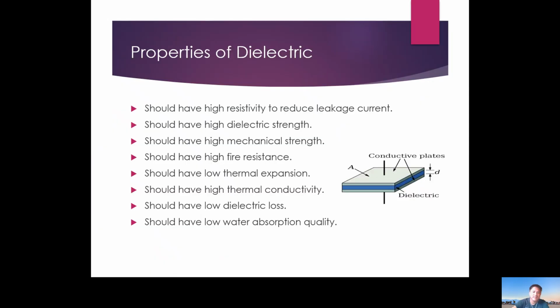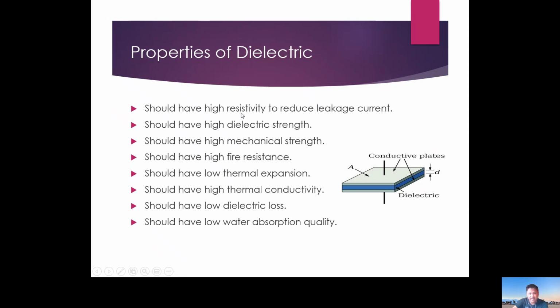Okay, next. What are the properties of dielectrics? There are many properties of dielectrics. The good properties of a dielectric are these. It should have high resistivity to reduce leakage current. So what does this mean?